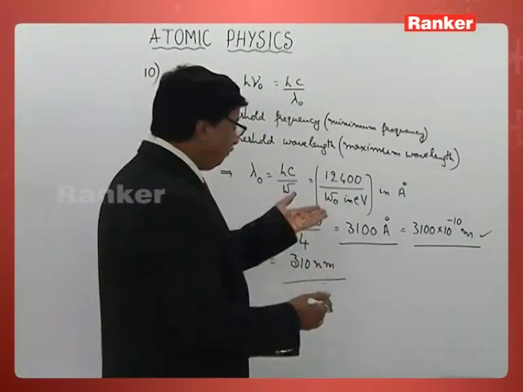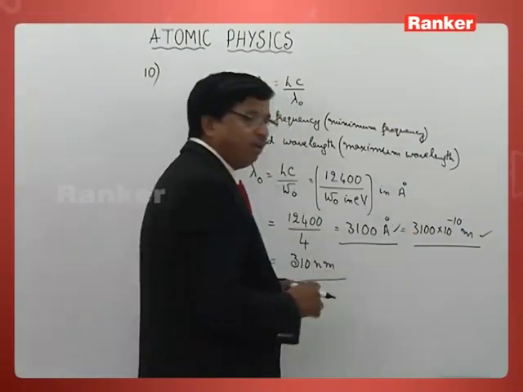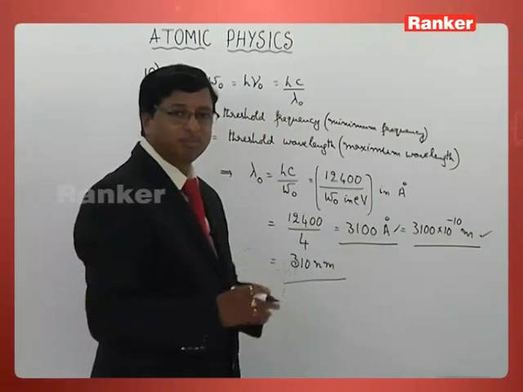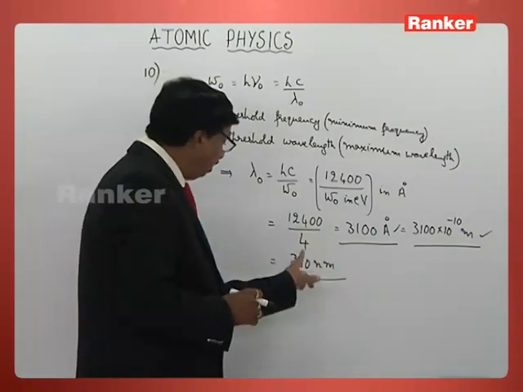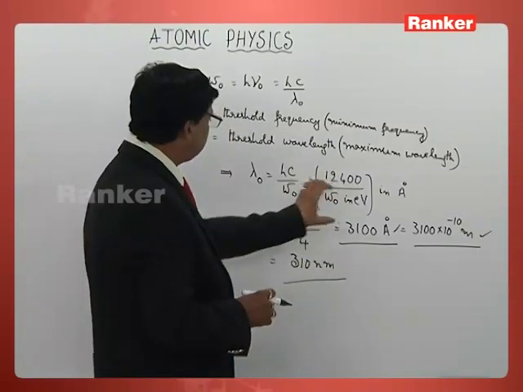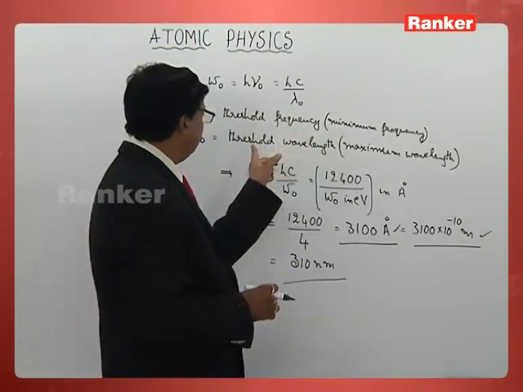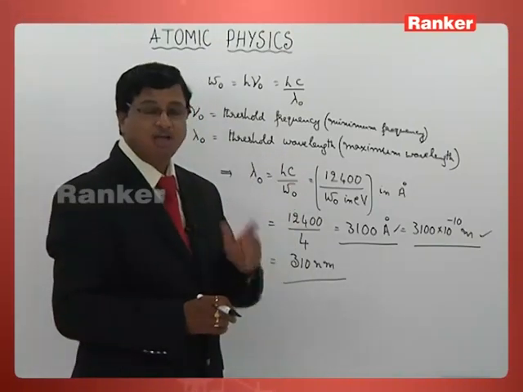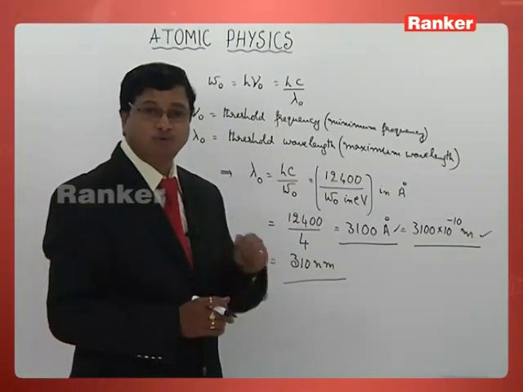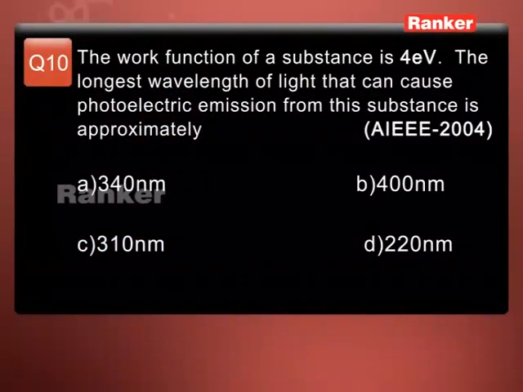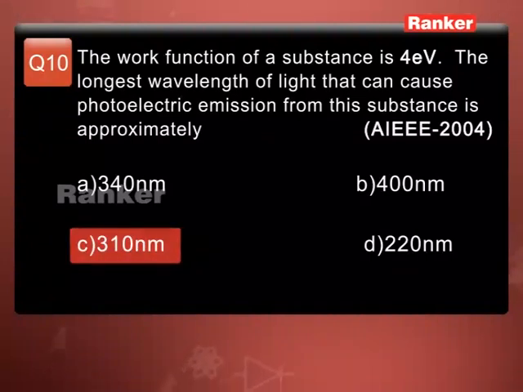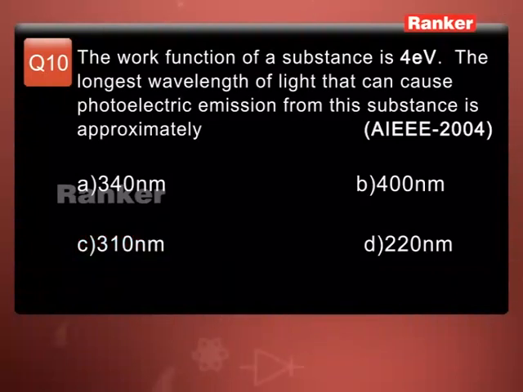If he wants the answer in angstroms, you can directly write it this way. But he is not asking you both of them. He is asking us to write in terms of nanometer. So 310 nanometer must be the corresponding maximum wavelength, which is called threshold wavelength of that material used as photocathode. So which is the correct option here? Third option, C, is given 310 nanometer. So correct answer for this particular problem is going to be C, according to the given 4 options for us.